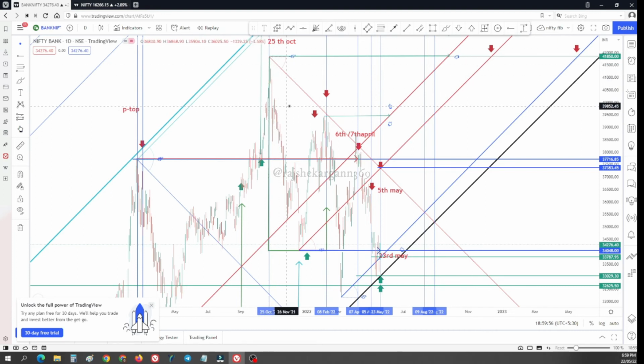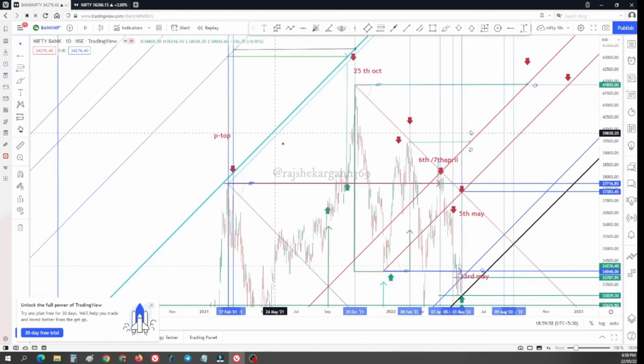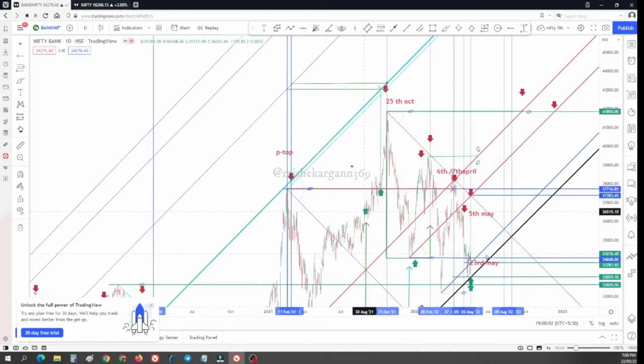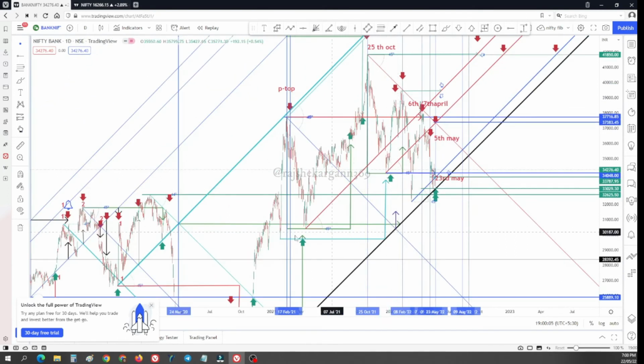Means there are all possibilities of a trend reversal. This is how you need to relate price and time. Now after this top, see what happened. Every arrow that I have mentioned in this chart is directly linked with the 45 degrees only and nothing else.